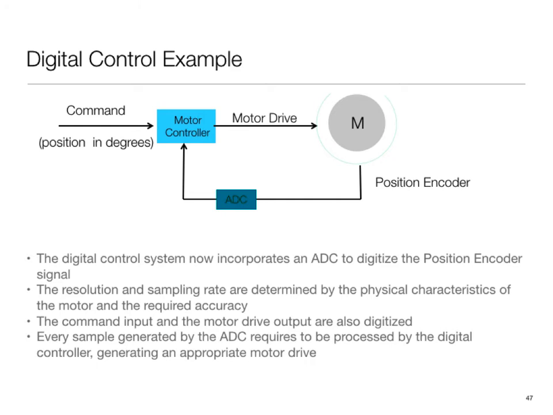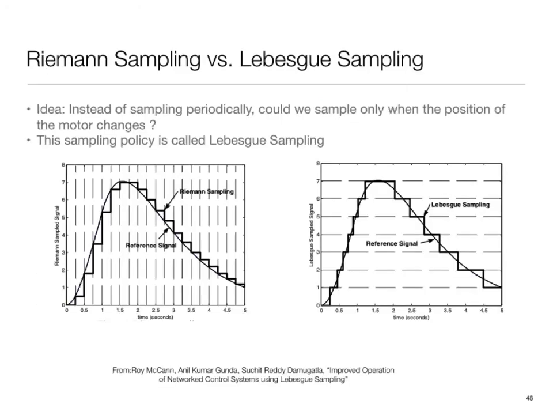So what this leads to is the following: normally we are sampling the signal in a periodic manner, as I said before, and this is called Riemann sampling. Okay, so this is periodic sampling. And control systems, much like sensing systems, behave the same way.